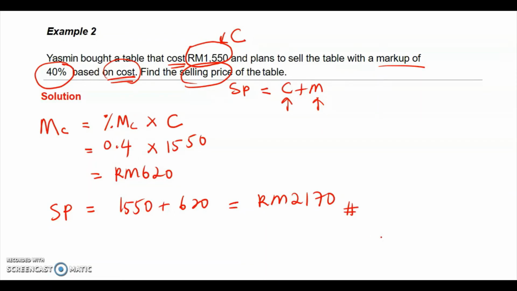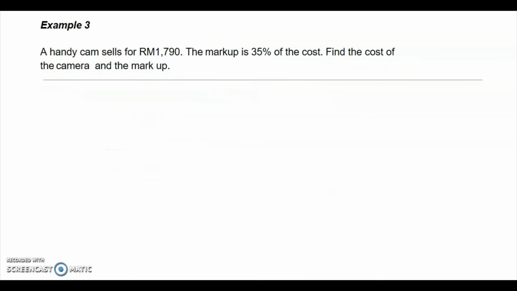Okay, let's write another example. Example number 3. A handycam sells for 1,790 ringgit. The markup is 35% of the cost. Find the cost of the camera and the markup. So we have two questions here: the cost of the camera and the amount of markup. From this sentence, a handycam sells for 1,790 ringgit.